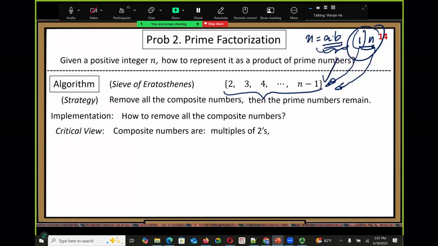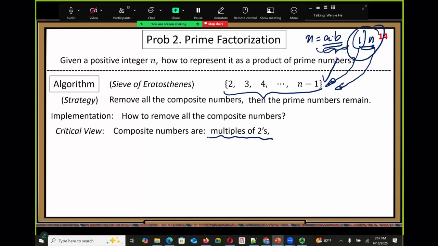Then we need to divide our data into many categories. The first category is multiples of 2's, or precisely non-trivial multiples of 2's.